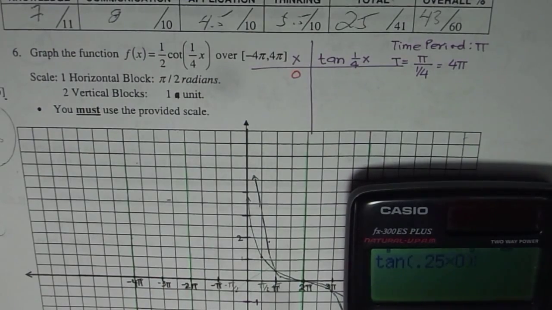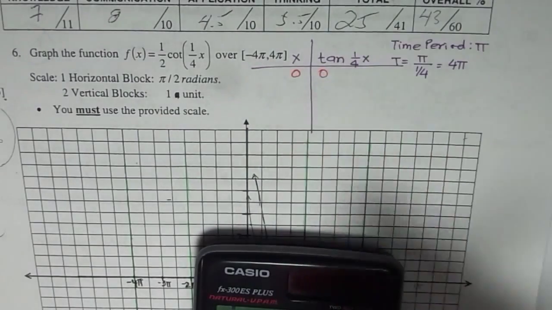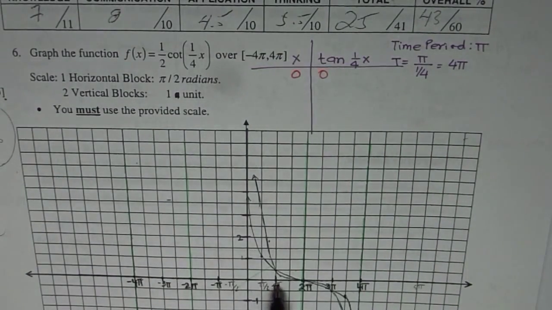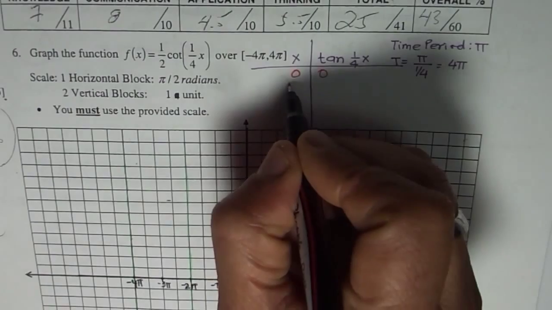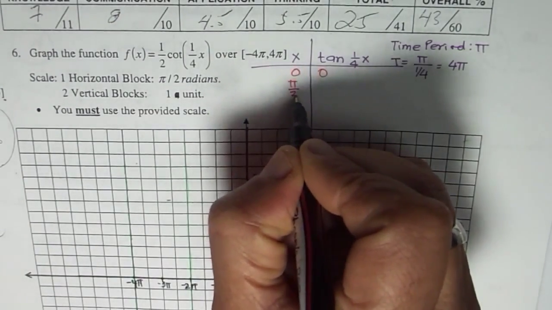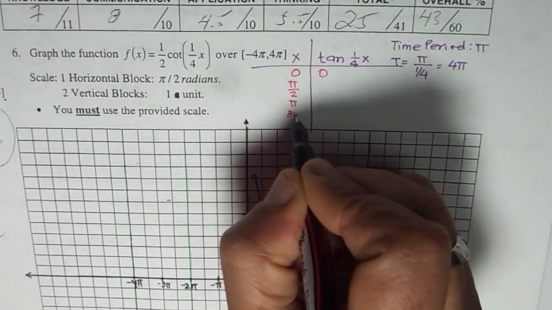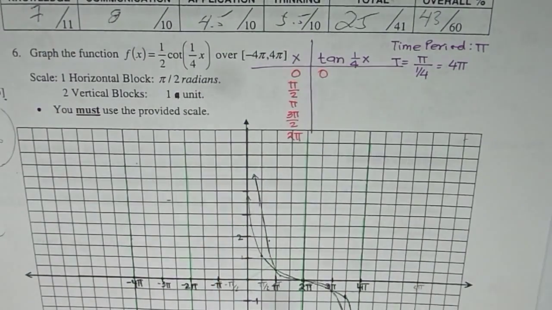I'll get 0 as expected. Now I will check the values at pi by 2, pi, 3 pi by 2, and also 2 pi. So these are the values I'm going to check.